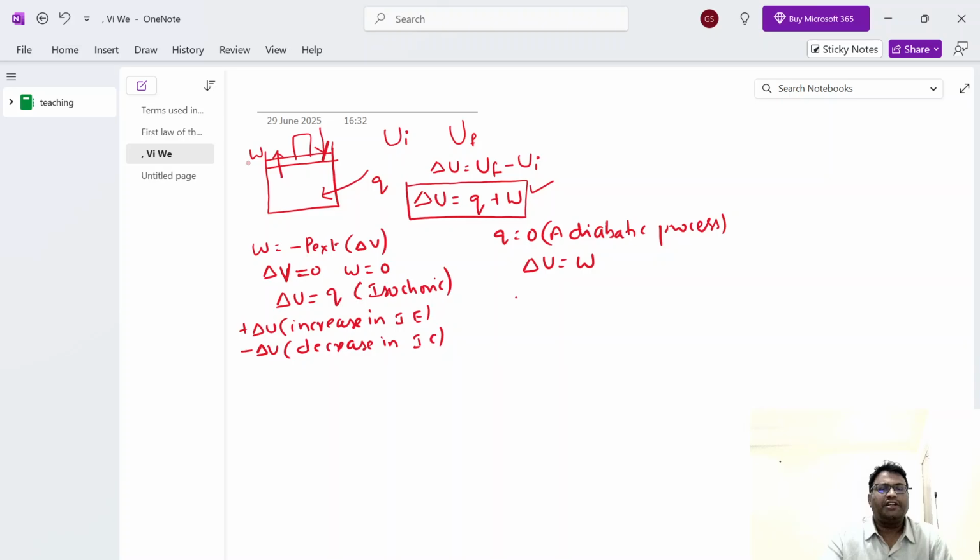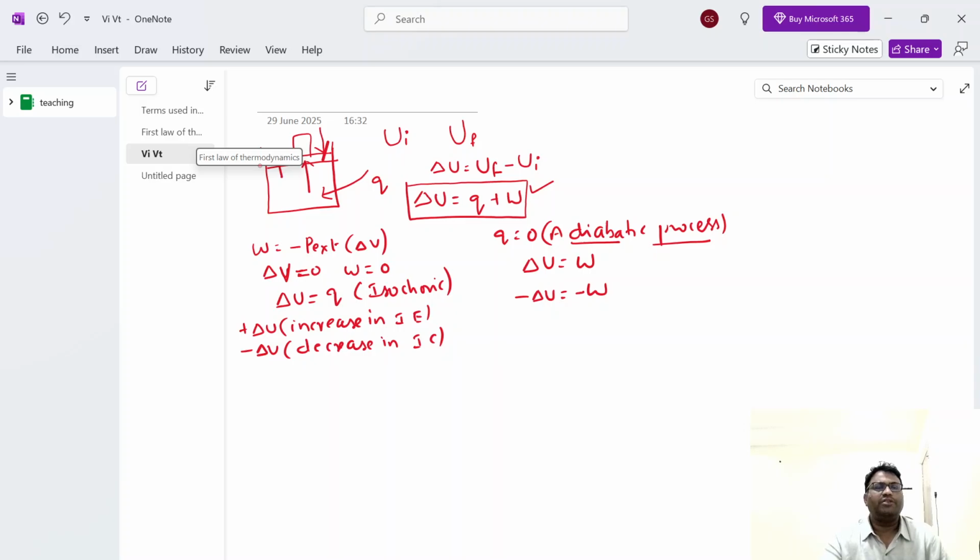Then it can also be written as minus delta U is equal to minus W. That means when work is done by the system, there will be a decrease in the internal energy. So that is about the adiabatic process. So this is according to the first law of thermodynamics.